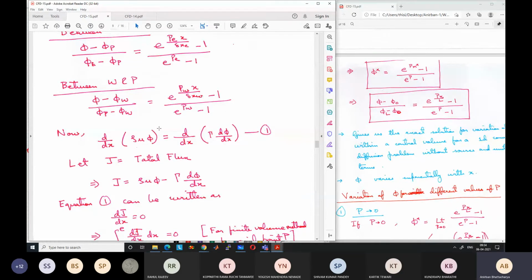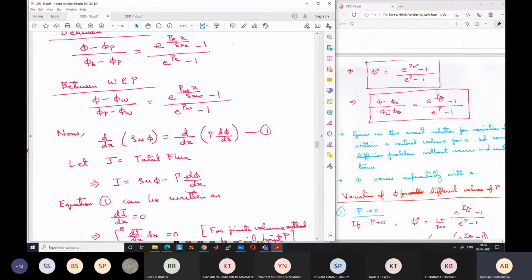So the total flux in a domain is the sum of these two fluxes. This is defined as rho u phi minus gamma d phi dx. Rho u phi is the advective flux, and minus gamma d phi dx, like minus k dT dx for conduction, is the diffusive flux.